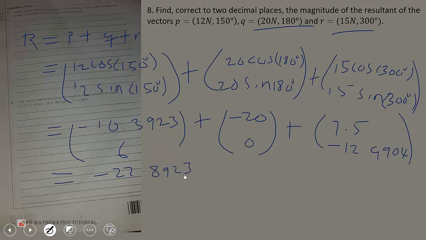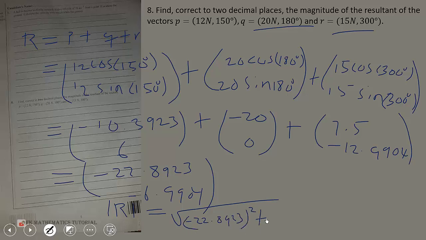And when we add 6 minus 12.9904, that will give us negative 6.9904. So the magnitude of this vector will be given by the square root of the x component squared plus the y component squared.